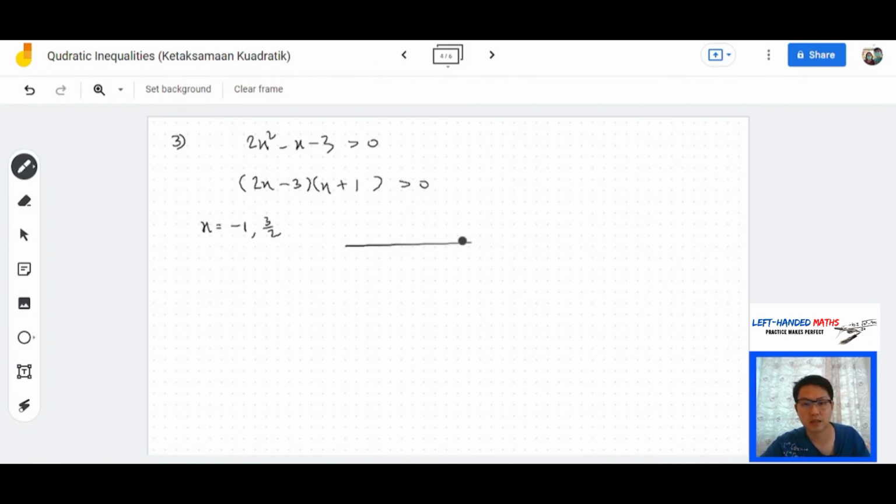I'll have a sketch, -1 on the left and 3/2 on the right. To get the right answer, we refer back to the inequality sign. More than 0 means positive, so my answer will be x less than -1 or x more than 3/2.